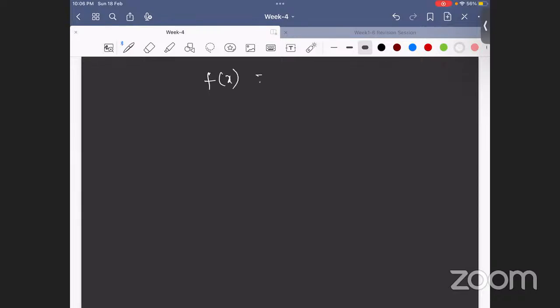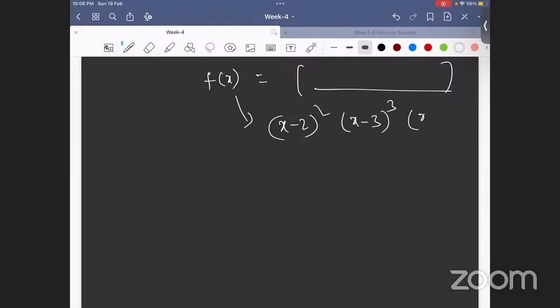For any function, counting the degree is pretty simple: for whatever variable you have been given, the maximum power is the degree. But if the function is given in the form of roots, say (x minus 2) whole square, (x minus 3) whole cube, (x minus 4) to the 5, now tell me what is the degree here? It is simple: 3 plus 2 plus 5, so 10 is the degree.